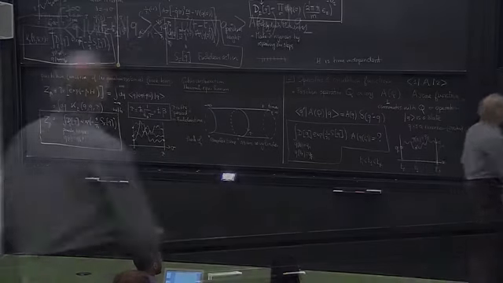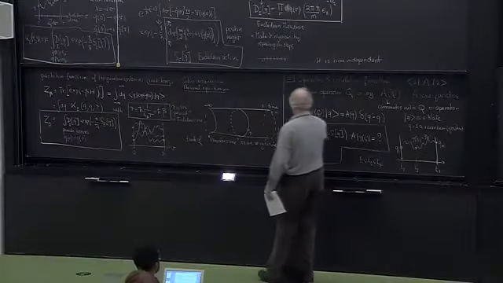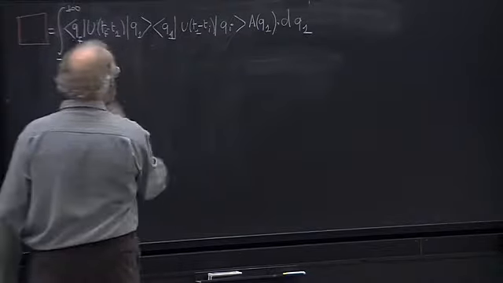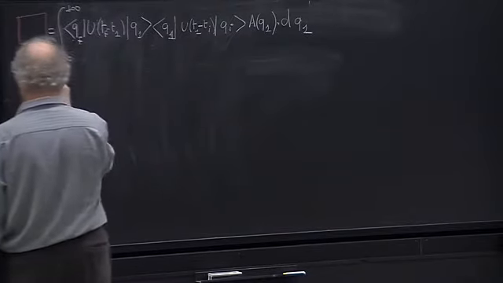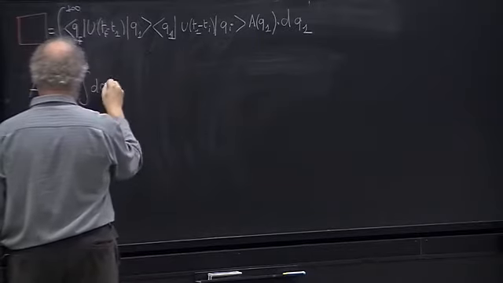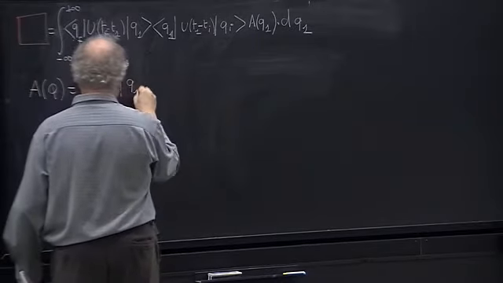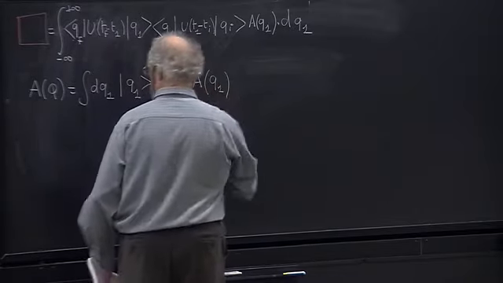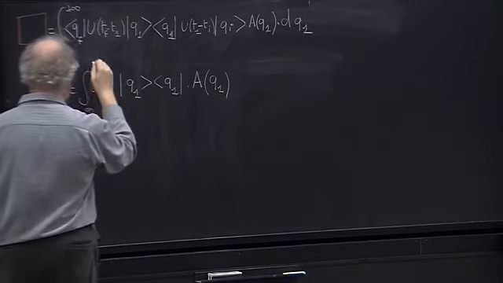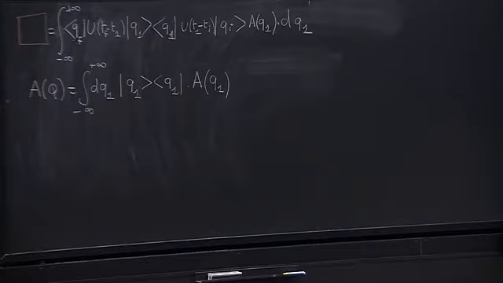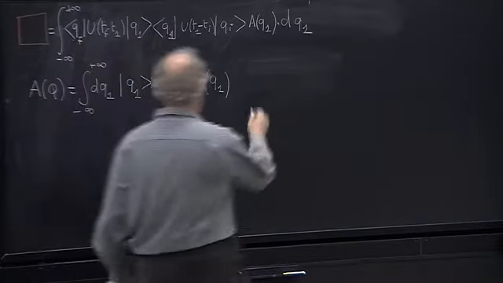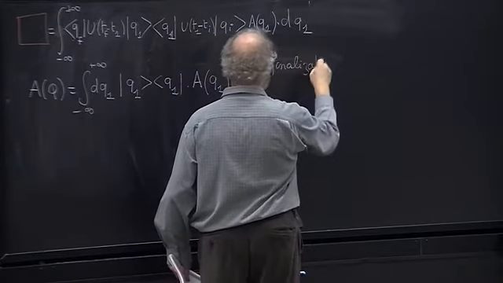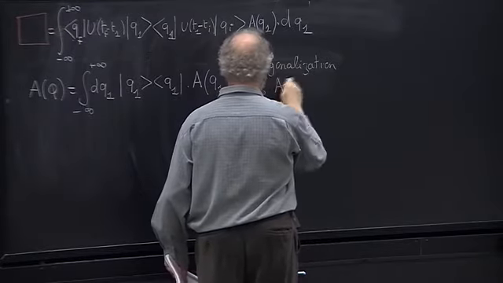Okay. But you see, this means that as an operator, you can write the operator A of q as the integral over dq1 of the projection operator |q1><q1|, times the number A of q1. This is just the diagonalization of the operator A of q.